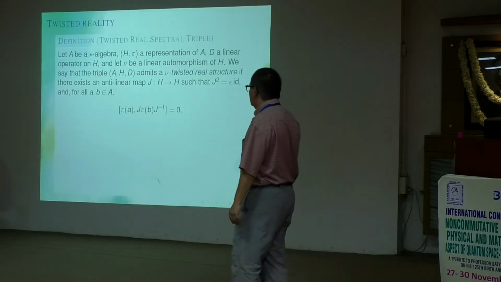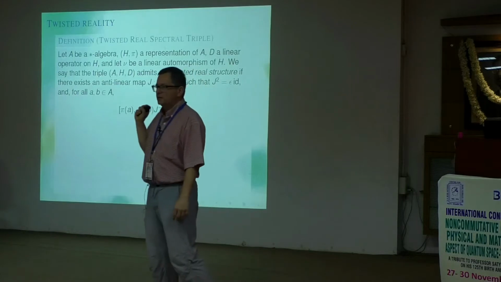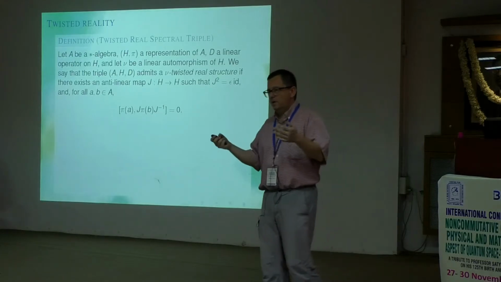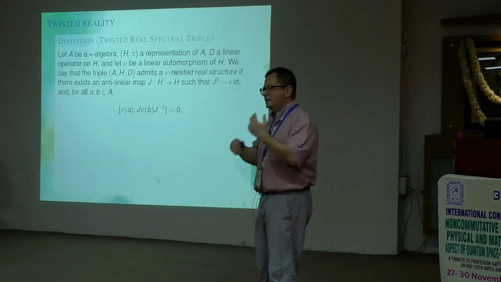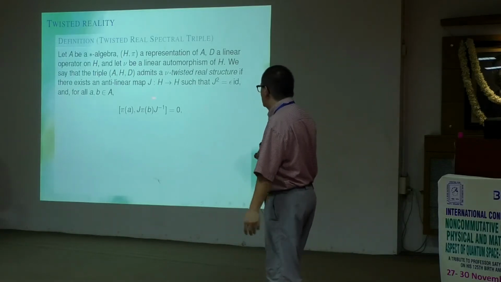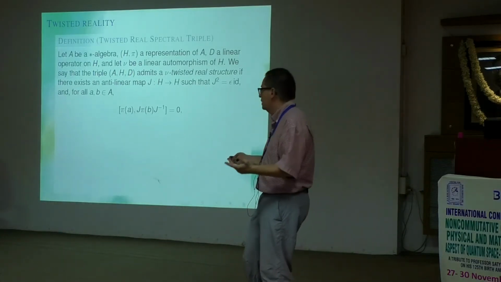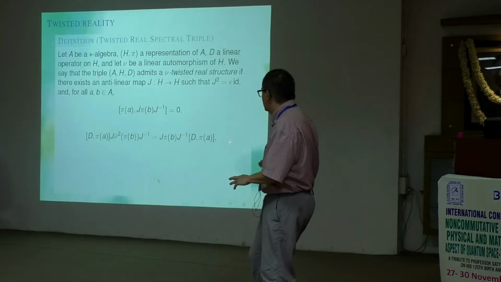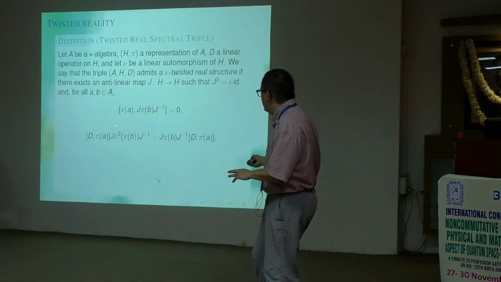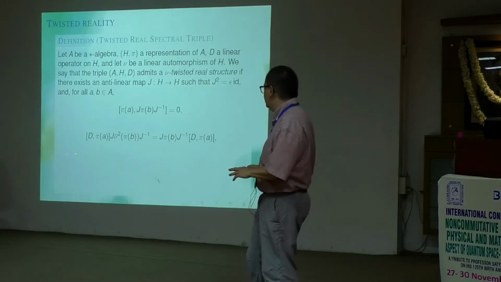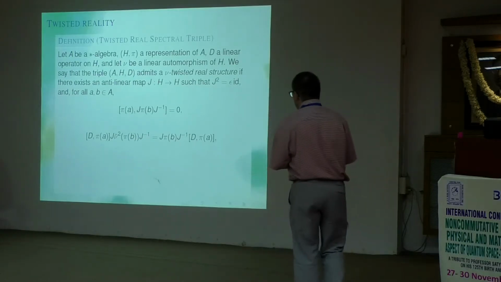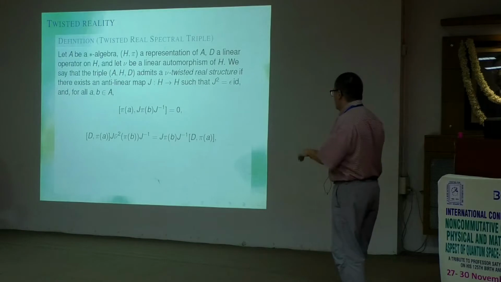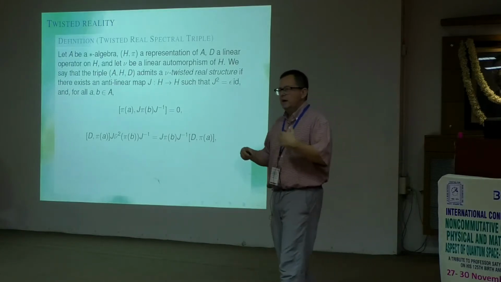Okay, and then the definition of a twisted real spectral triple is just an extra piece of data. It's a spectral triple with this extra automorphism that satisfies certain conditions. You have the reality map as it used to be, J, that maps to the commutant. It's fine. But what replaces the usual first order condition is a version of a twisted first order condition. You say that these one-forms do not commute with the commutant, but twisted commute.